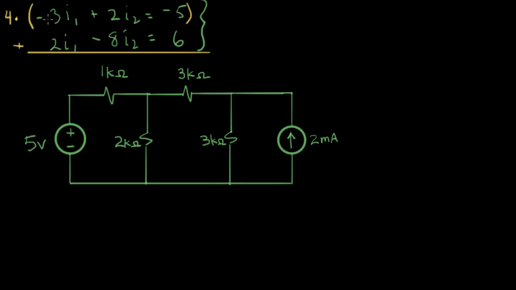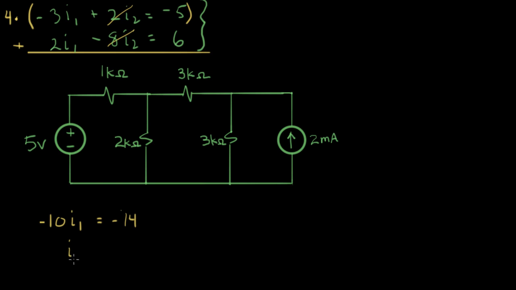So 4 times minus 3 is minus 12, and we add it, and we're going to get 4 times 2 is 8, minus 8, and I2 drops out. That was the purpose of the 4. And that equals 4 times minus 5 is minus 20, plus 6 is minus 14.